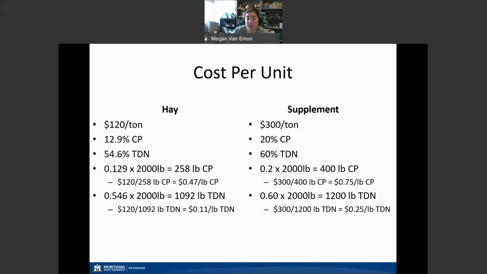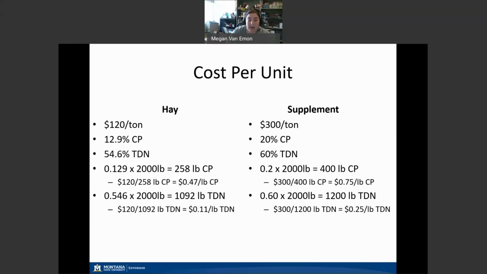Now, if we look at our supplement, this cost is just a made-up cost that I used, and this isn't indicative of any sort of supplement. This is just to give you an idea of how to calculate everything. The one thing to keep in mind is that most feeds, especially your commercial supplements, cakes, lick tubs, things like that, do not provide you with a TDN number.